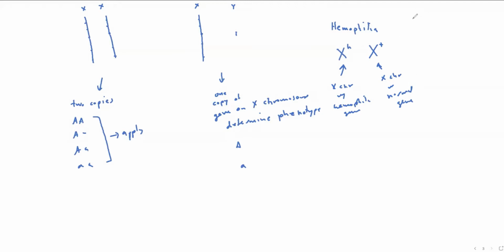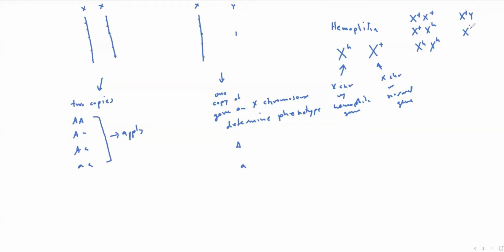If you're a female, you could be X plus, X plus, in which case you're not hemophiliac. You could be X plus, X h, in which case you're not hemophiliac. Or you could be X h, X h, in which case you're a female with hemophilia. If you're a male, you could be X plus Y, in which case you're not a hemophiliac.